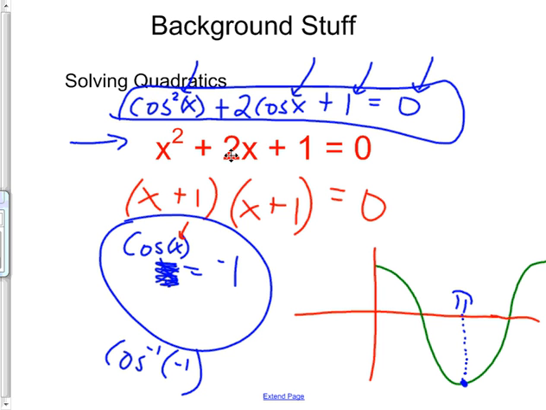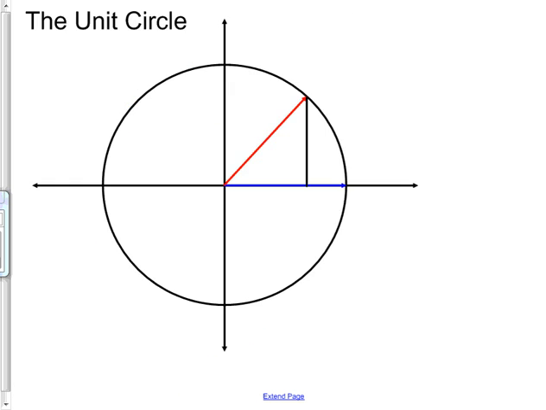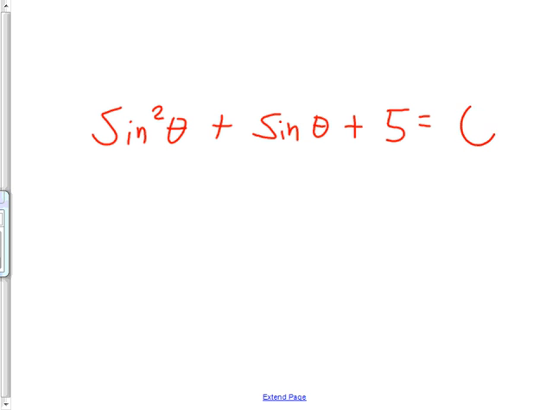Okay. So what I'm trying to say there is, if you come across a quadratic that looks like this, let's use sine squared plus a regular sine plus 5, then you should be going, oh, wait a minute, that looks a little bit like a quadratic. I'm going to change it to x squared plus x plus 5, and then see if I can factor that.